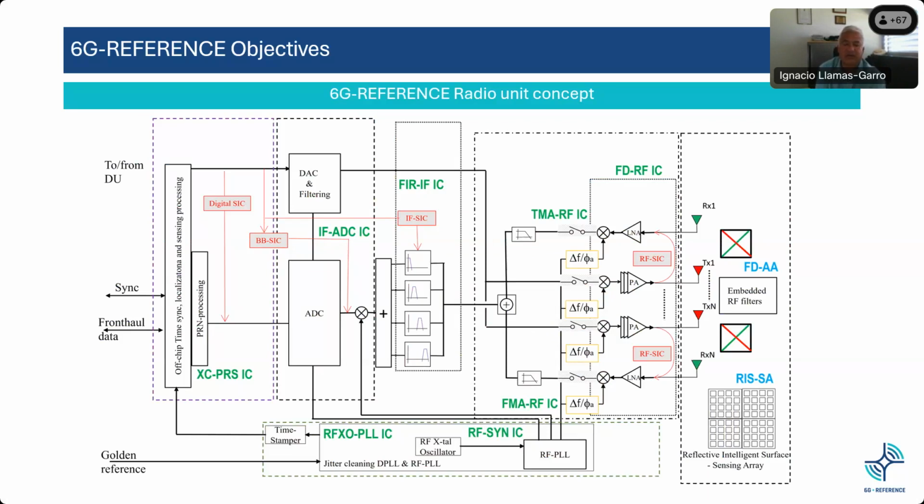It also shows how the interference canceling in the red boxes is shared between the RF stage at the right-hand side of the figure to reduce the power level of the interference in the following stages. At the analog intermediate frequency stage, at the center of the figure, using a filter bank approach, it is possible to reduce the interference below the signal level. Finally, at the digital level, at the left-hand side of the figure, high interference canceling can be achieved by adopting complex algorithms.